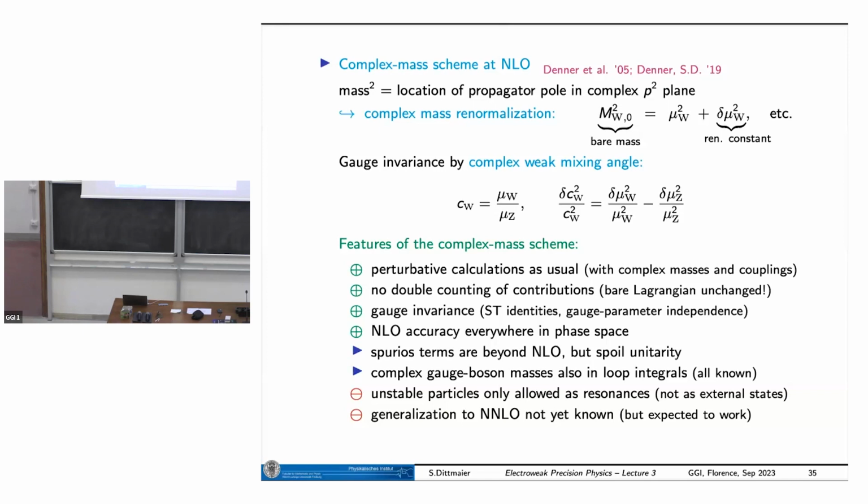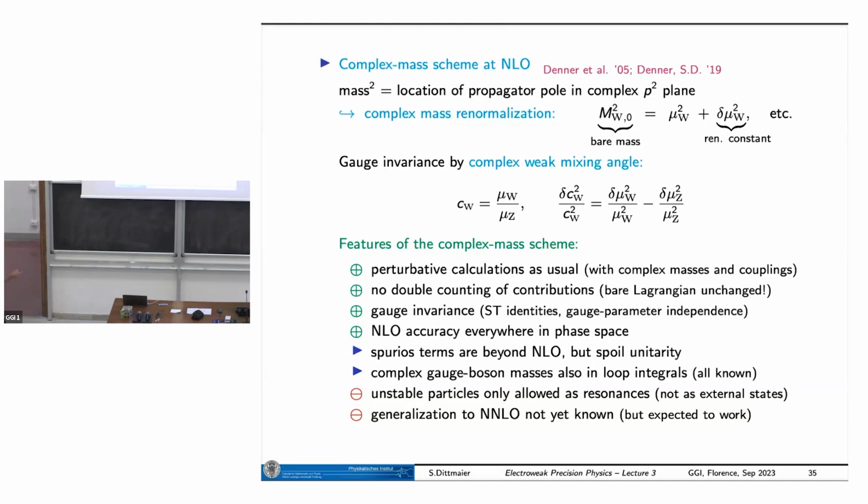So what else should I say to this scheme? The unstable particles actually are only allowed as internal resonances. And sometimes people just want to have also an unstable particle as an external state to make the kinematics a bit easier. You should not mix that.